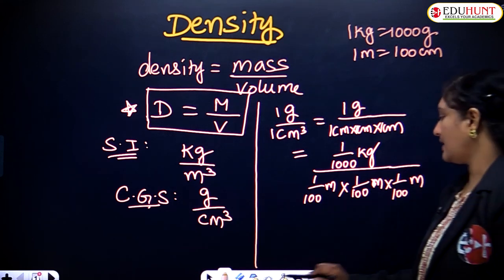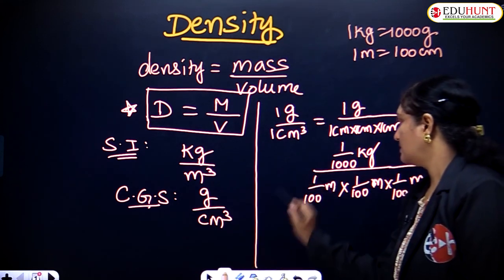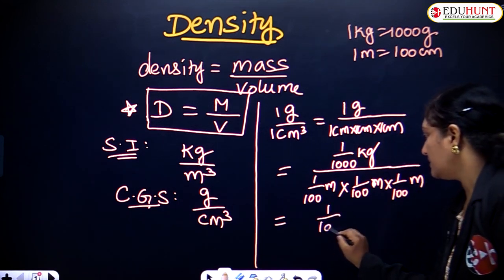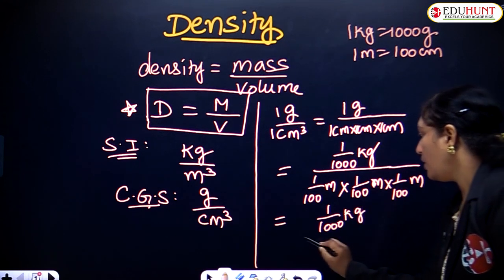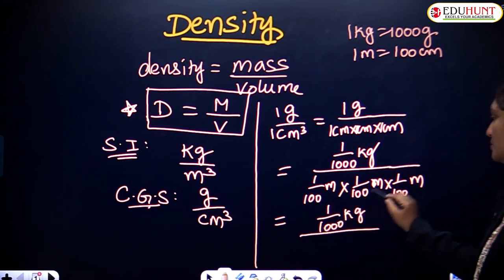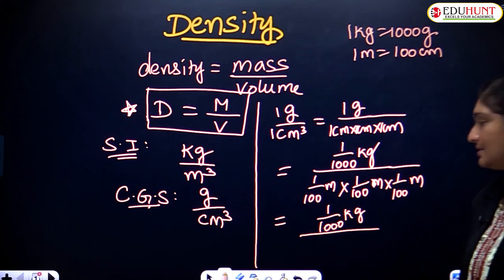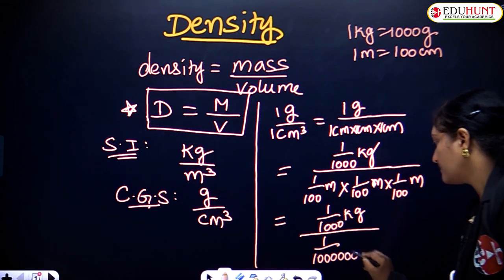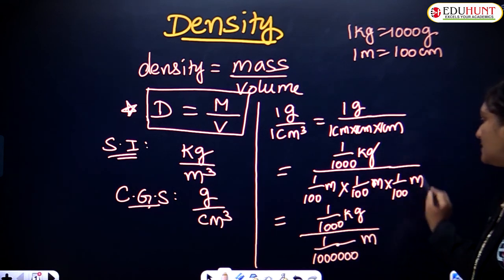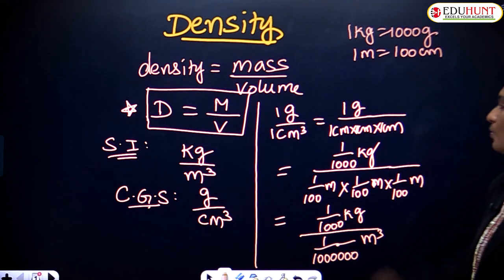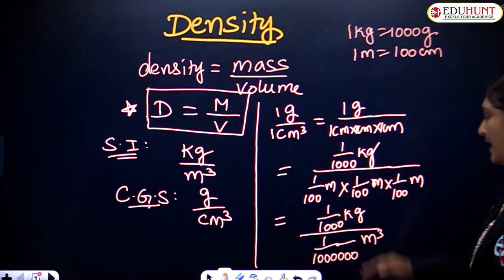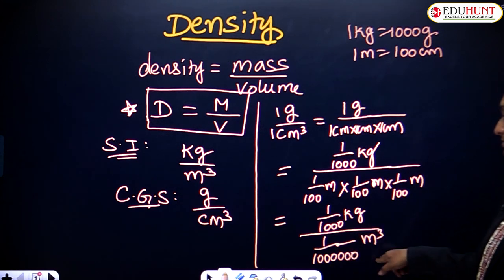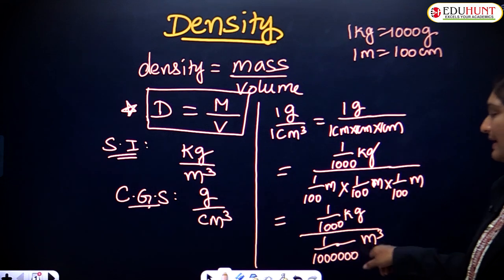So, this can be written as 1 by 1000 kg whole upon 1 by, two zeros, two zeros, two zeros. Totally how many zeros, children? 6 zeros. Meter into meter into meter is meter cube. So, 1 gram per centimeter cube can be written as 1 by 1000 kg upon 1 by 10 lakhs meter cube.